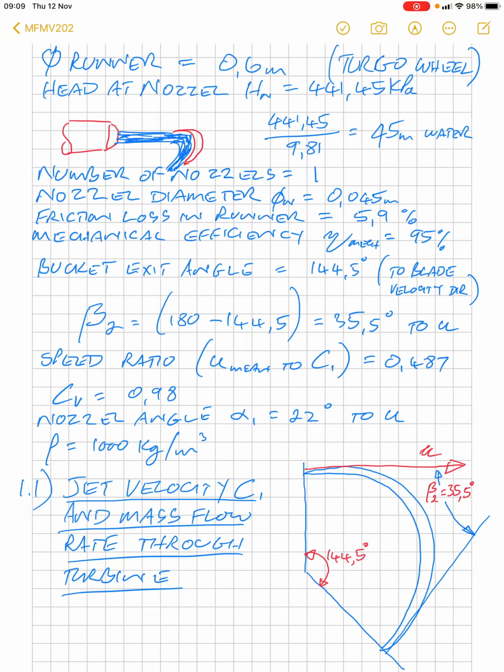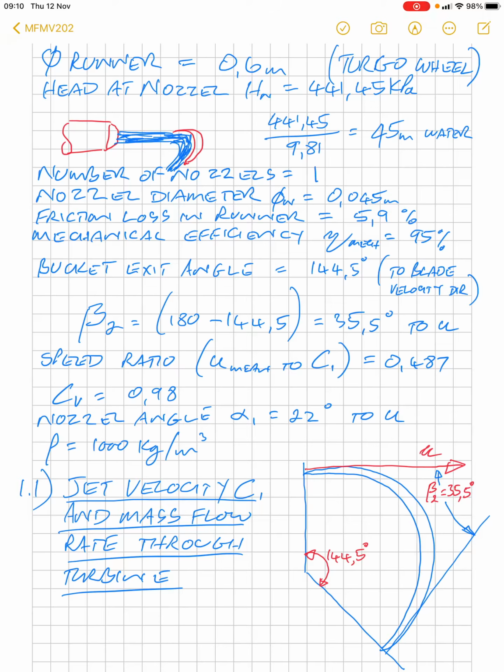Coefficient of velocity is the velocity reduction through the nozzle. The nozzle angle alpha 1 is 22 degrees to u. Okay, so it's not in line with u, 22 degrees at an angle. And our water density is 1000 kilograms per cubic meter.